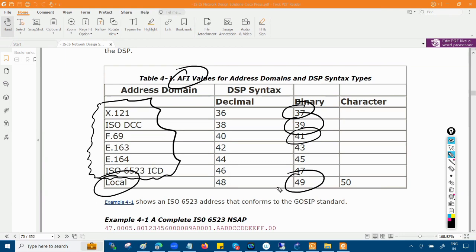You can use different ones as well, 47 or 45. But what happens if other engineers come and do not have any idea what 47 or 45 is? Normally people are used to 49, so they may get confused. So it's a recommendation to have the same consistent value on every router.